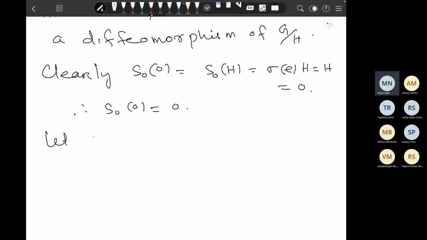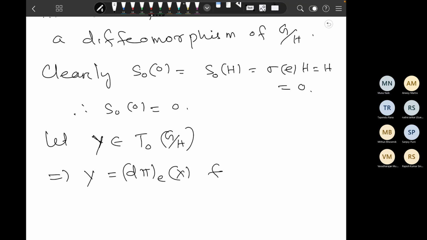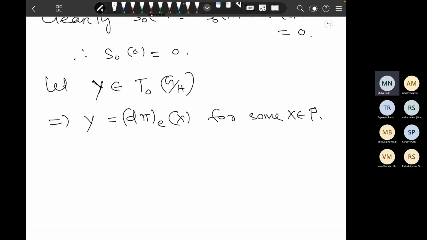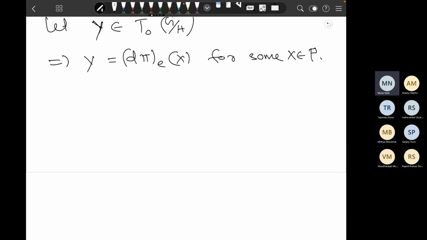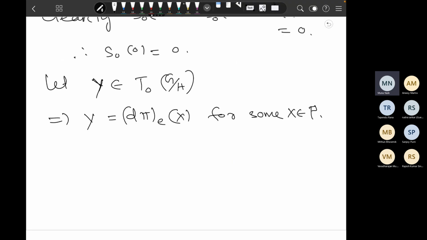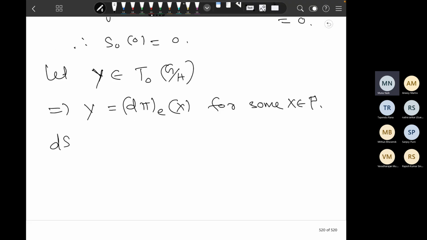So now let y belong to T_o(G/H). So this implies y is equal to something like d pi at e of x for some x belonging to p. So that means I have to find out what dS_o at o of y is.